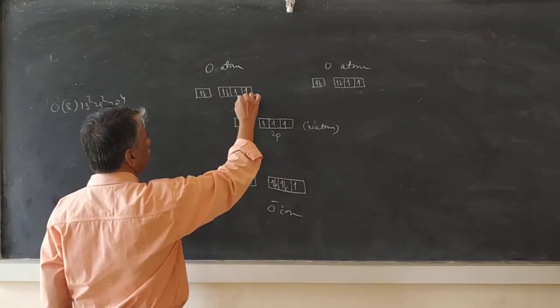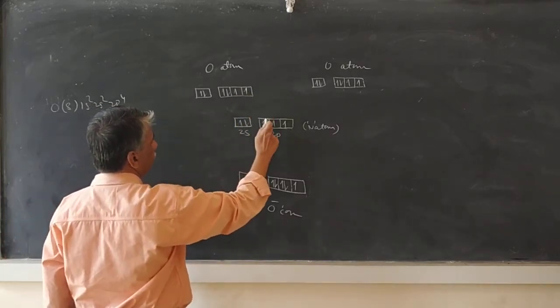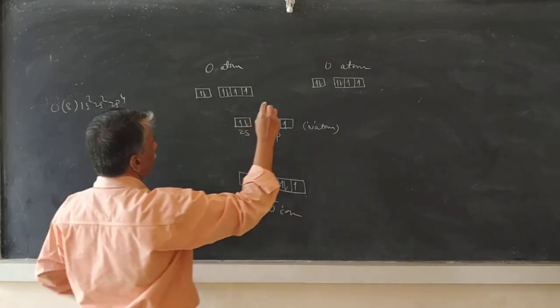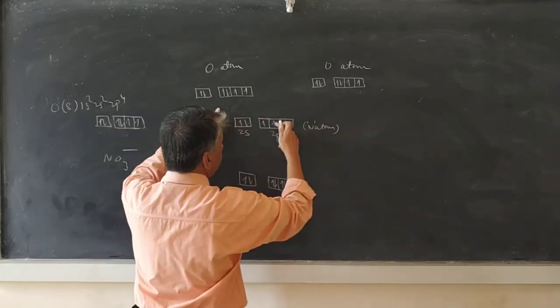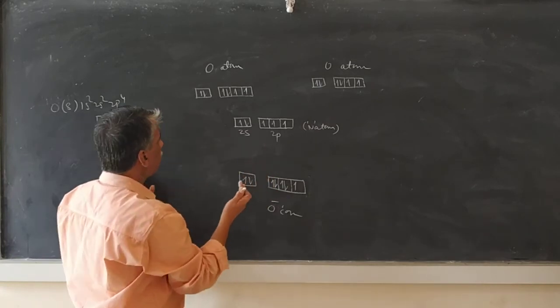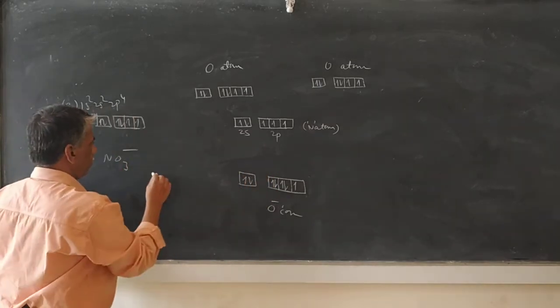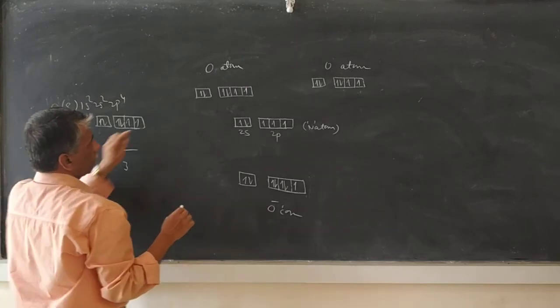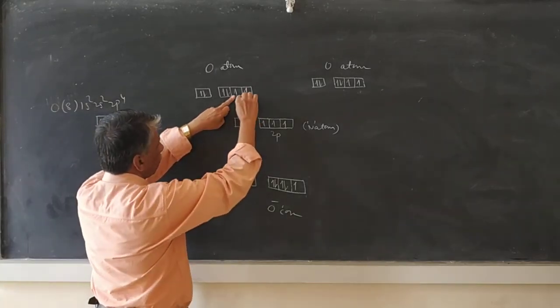Now you just see how many it will give. So this will give 2 electrons here, and this will give 2 electrons. Actually, I want only one electron. So this atom gives 1 electron.